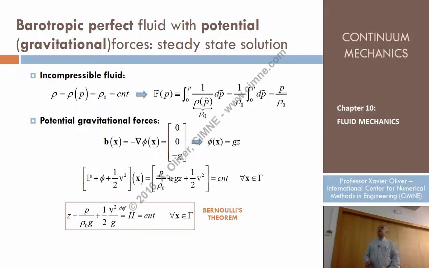And now we can do something. I divide everything by G, and I have this term, Z, this term, P over rho 0 G, and this term, 1/2 of V squared over G. The dimensions of this are length dimensions, height. So these constants can now be considered a height, something that has a dimension of length.